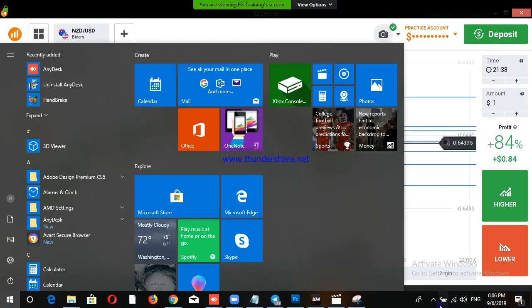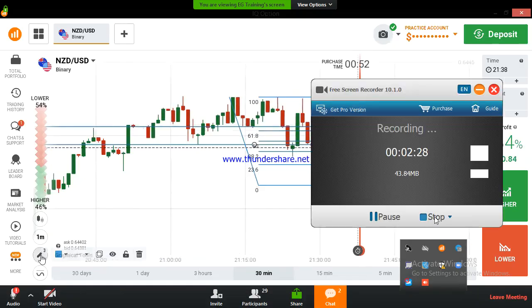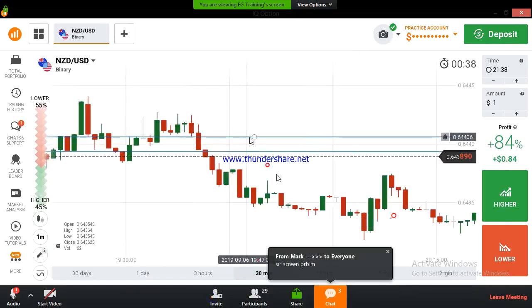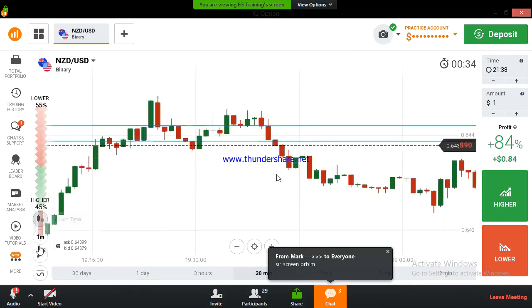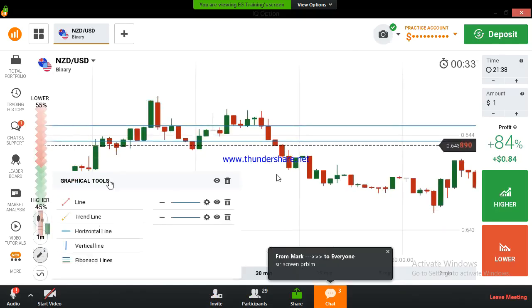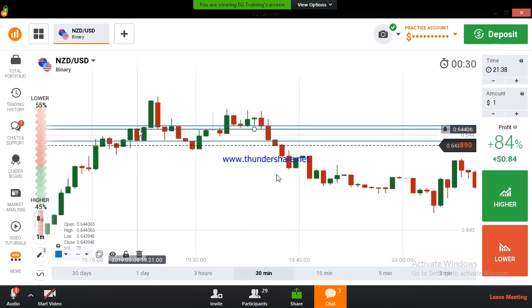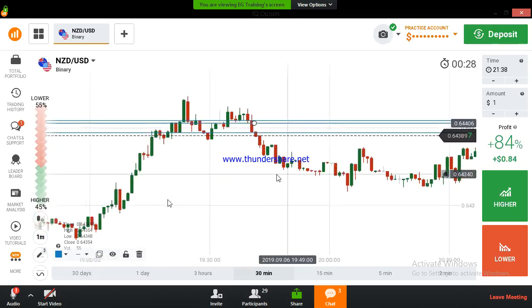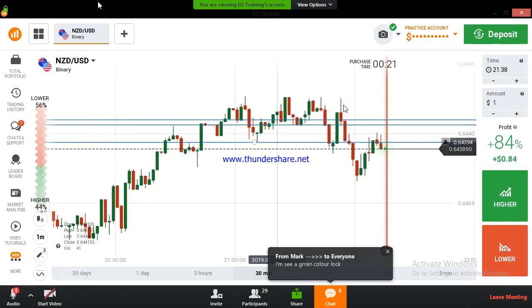I'm going to draw a level here and a level here. So I will draw from this point to this point. Check this level. I think it is working.